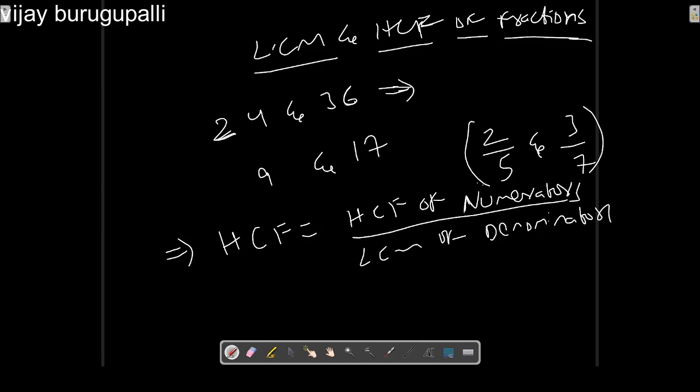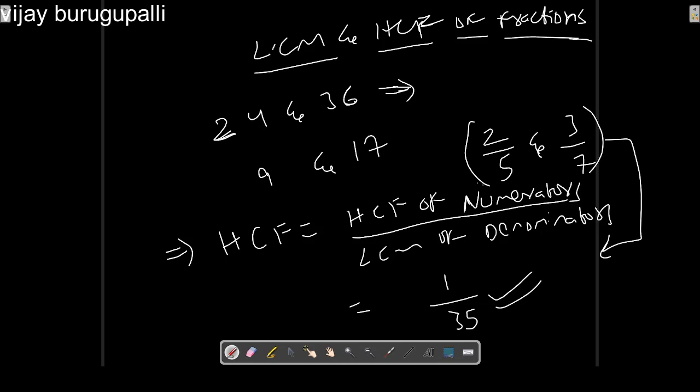That means in this example, the HCF of numerators, that is the HCF of 2 and 3, will be 1, and the LCM of 5 and 7 will be 35. So the HCF of the given fractions 2 by 5 and 3 by 7 is 1 by 35.